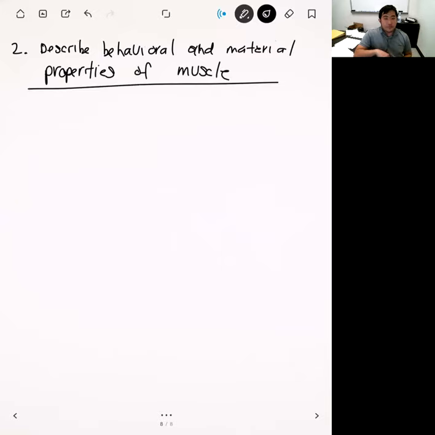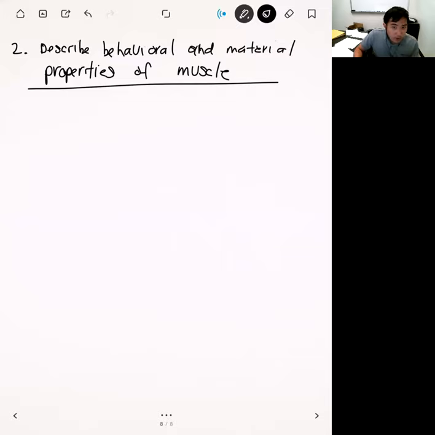Right. And so what these are is these help to characterize muscle as a material, as a tissue, and how it actually performs. Okay. And so I'm going to spend quite a bit of time on this one because a lot of what we talk about muscles kind of builds off of what we discuss here.